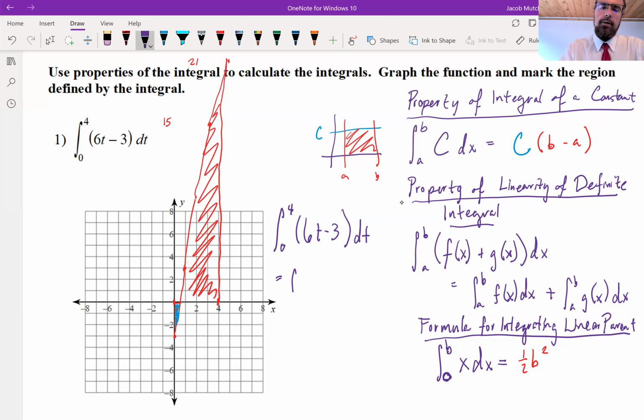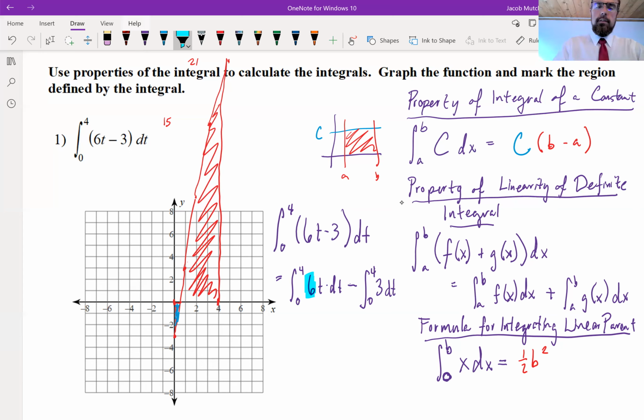So I'm going to split 6t minus 3 into 2 parts. The first part is going to be from 0 to 4 of simply 6t dt. And then because my sign is minus in between the 6t and the 3, I'm going to put right minus the integration from 0 to 4 of 3 dt. At that point, what I can do, and it's an additional property, is that if I have a constant multiplier like that 6, that can pass outside my integral.